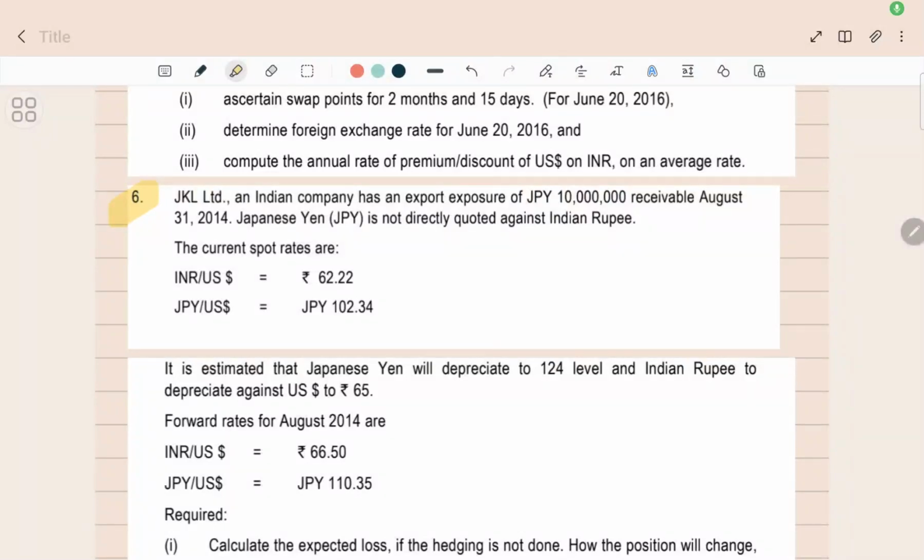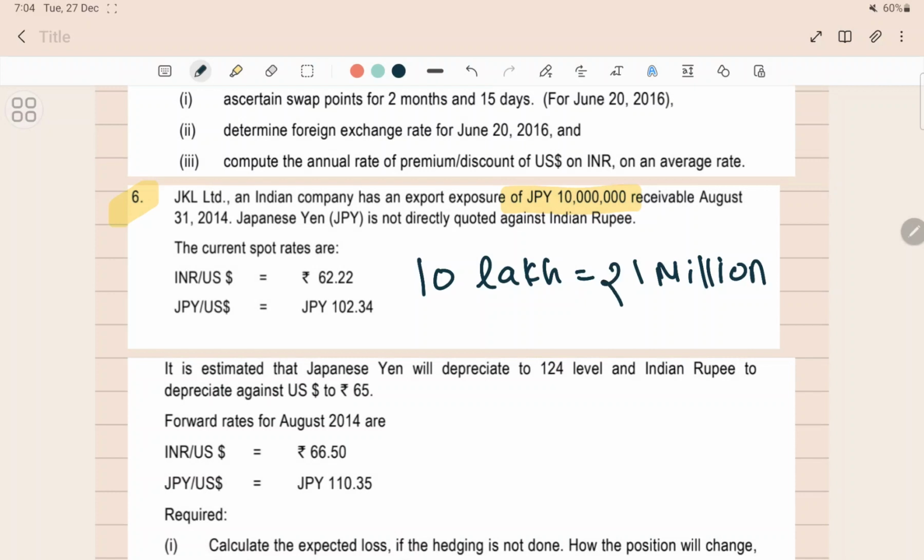6th. JKL Limited is an Indian company, has an export exposure of JPY. This is 100 lakhs. Okay, 100 lakh means, just a minute, see, 10 lakh is equal to 1 million. These are both in rupees.